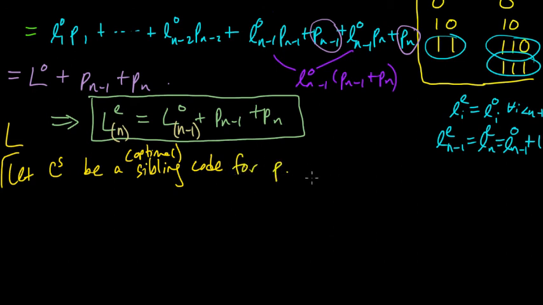Now we're going to use the Huffman contraction. We used the Huffman extension; now let's use the Huffman contraction. Let CC be the Huffman contraction to P prime, so it's the Huffman contraction of CS.